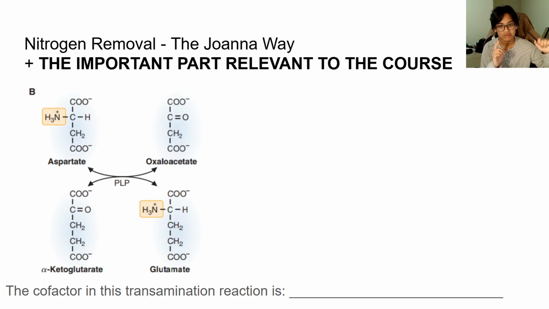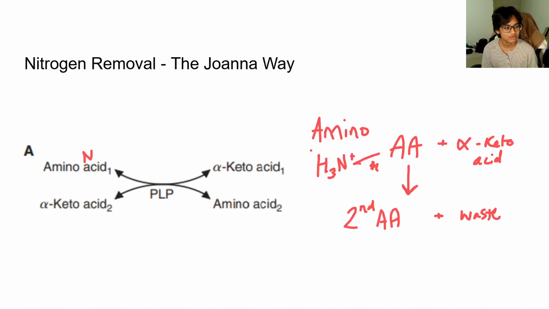This is the relevant one that he actually put in the lecture. So we're talking about this nitrogen amino group, right? Plus the alpha keto acid, and then a waste.